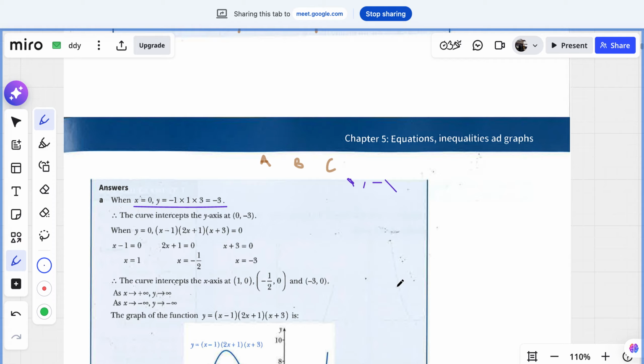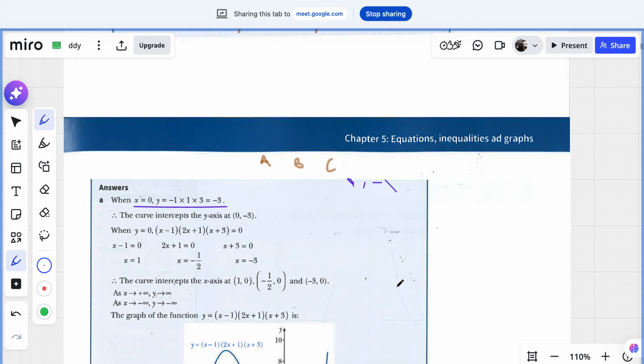Now it means x minus 1 equal to 0. You take the first bracket, x minus 1 equal to 0. You're going to do them individually. You're also going to take the second one, 2x plus 1 equal to 0. You're also going to take x plus 3 equal to 0.